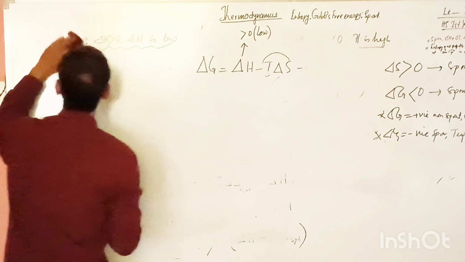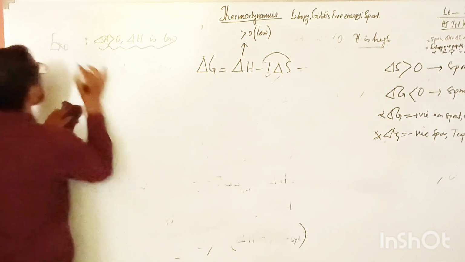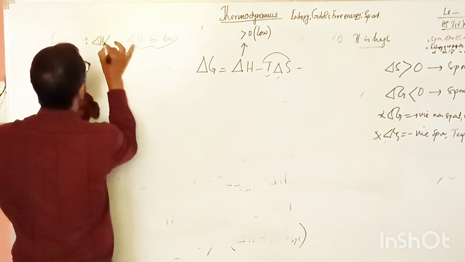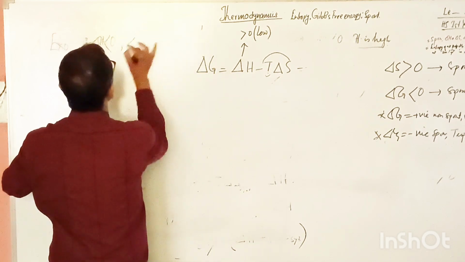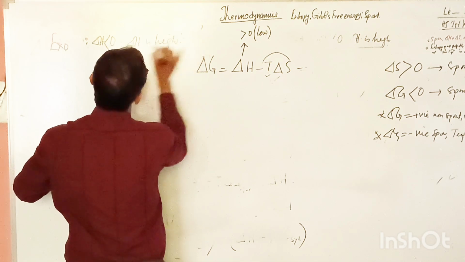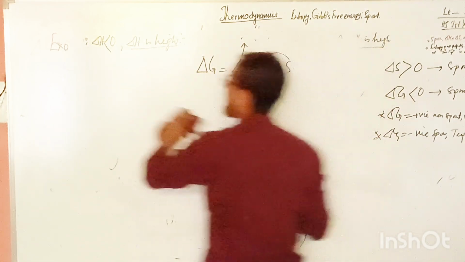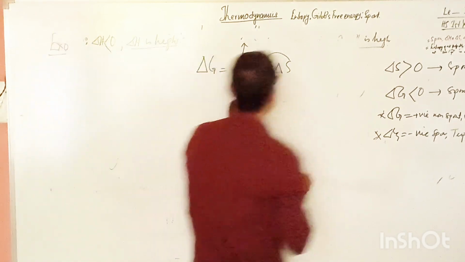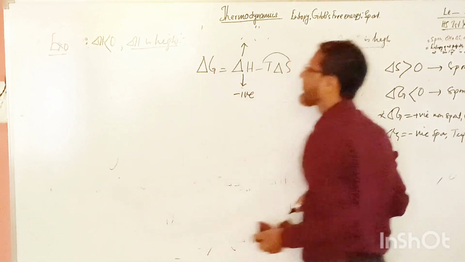Now we will proceed to the exothermic process, where ΔH is less than 0 and ΔH is extensively high. So for an exothermic reaction, ΔH is less than 0, meaning it is itself a negative value.